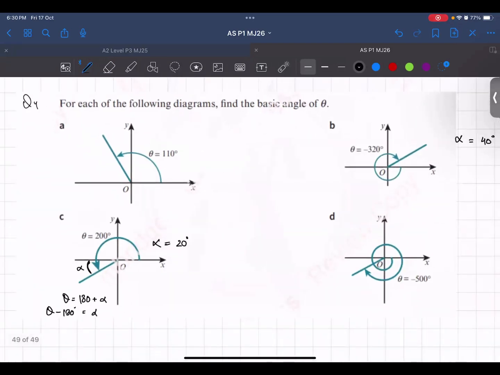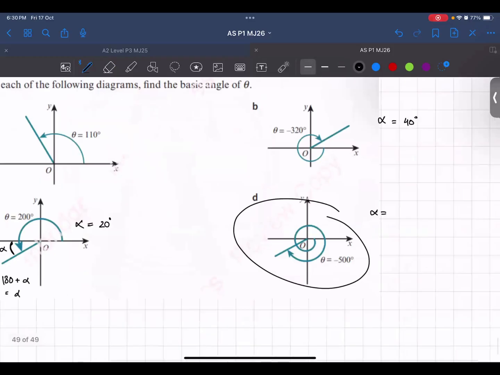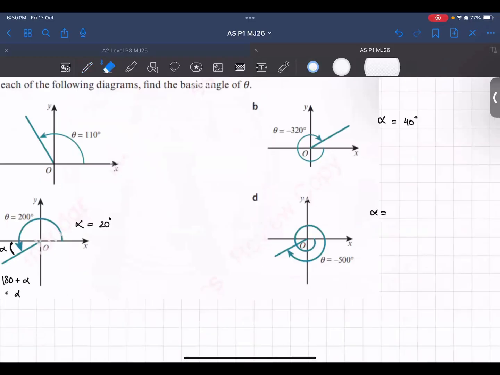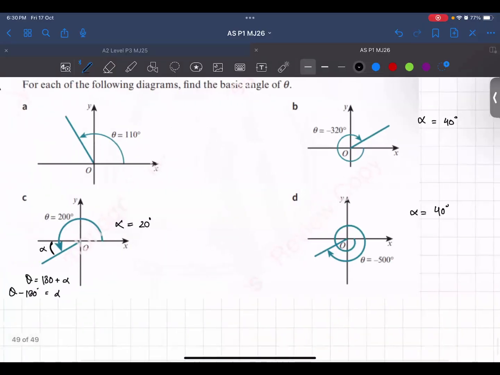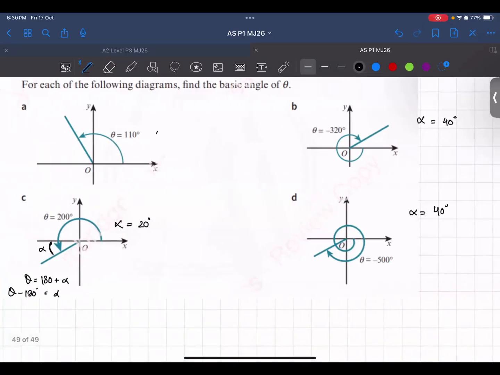Ryan, what is the answer for this one? Part D. 40 degrees. Yes, 40 degrees. Good. Who's left? Mohit. How much is this?